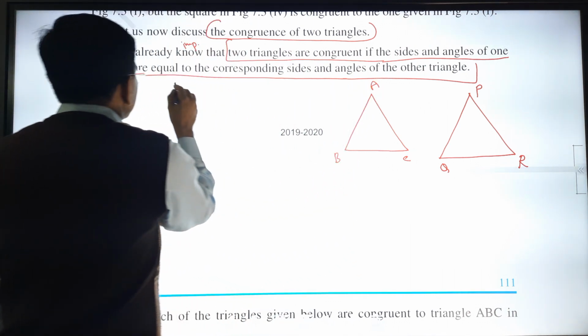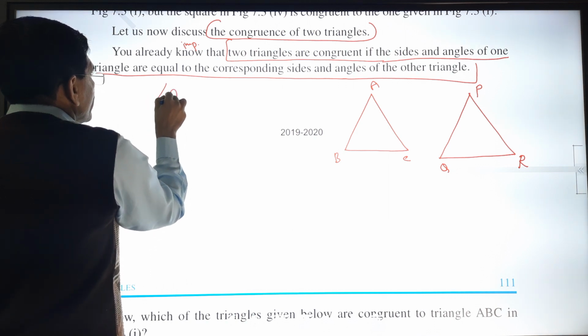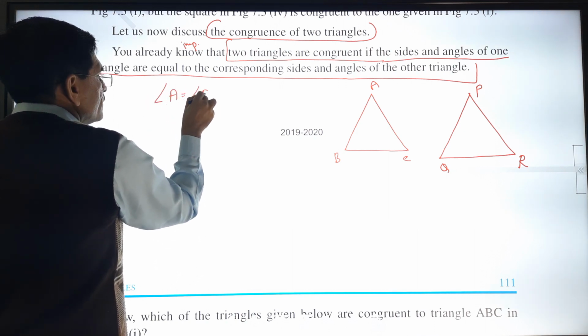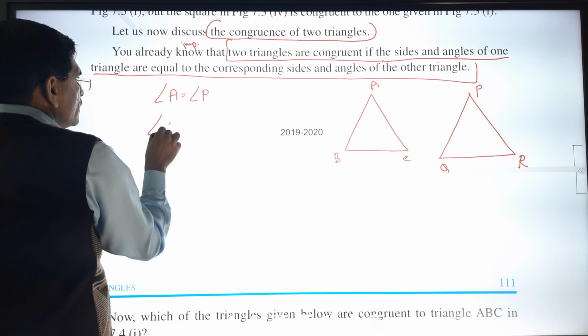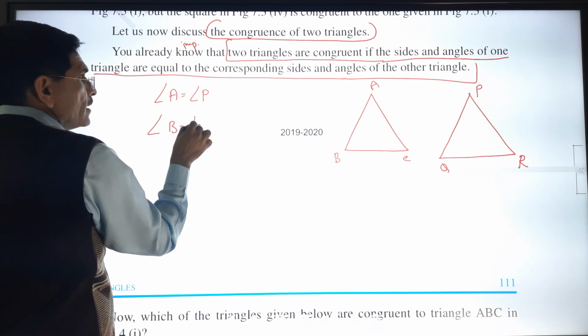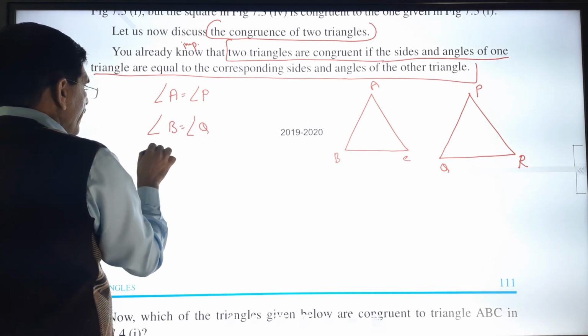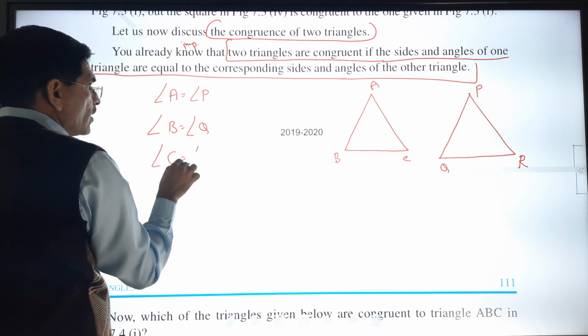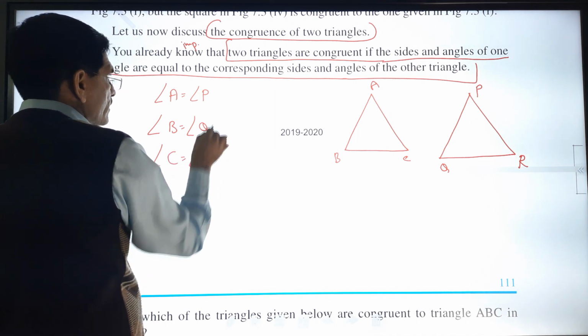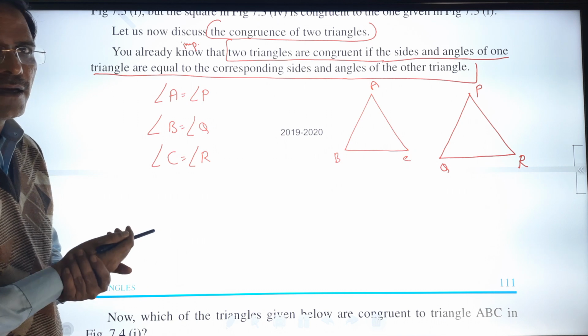So if I say that angle A is equal to angle P, angle B is equal to angle Q, angle C is equal to angle R, that is the first concept related to the angles.